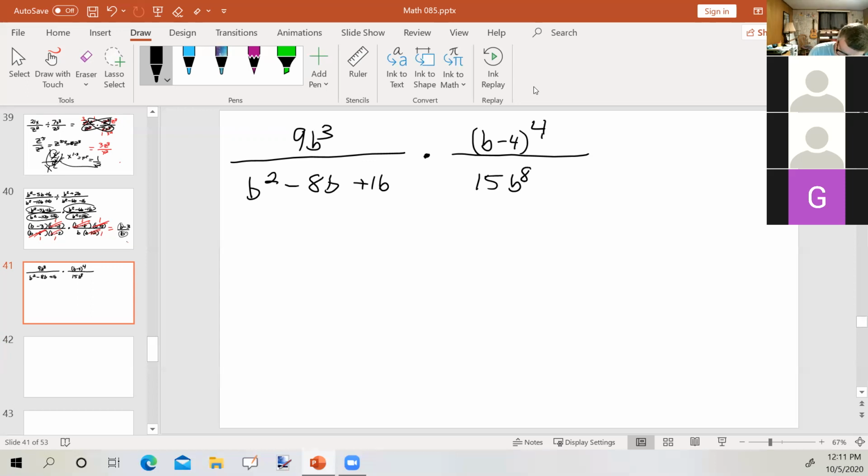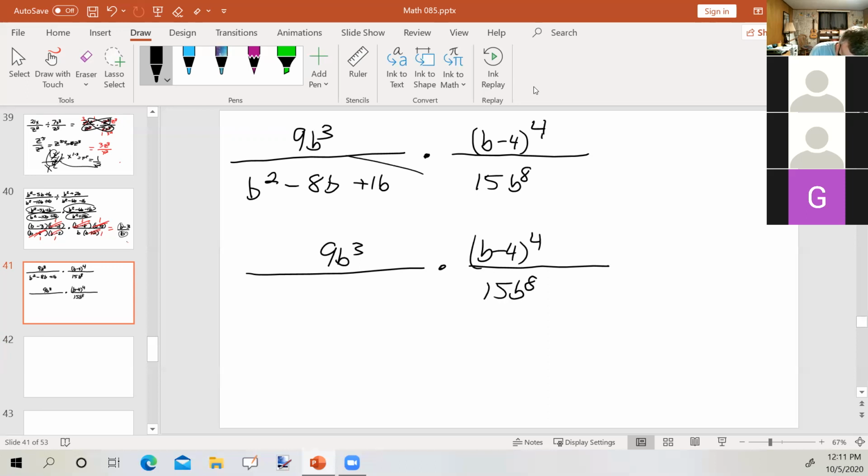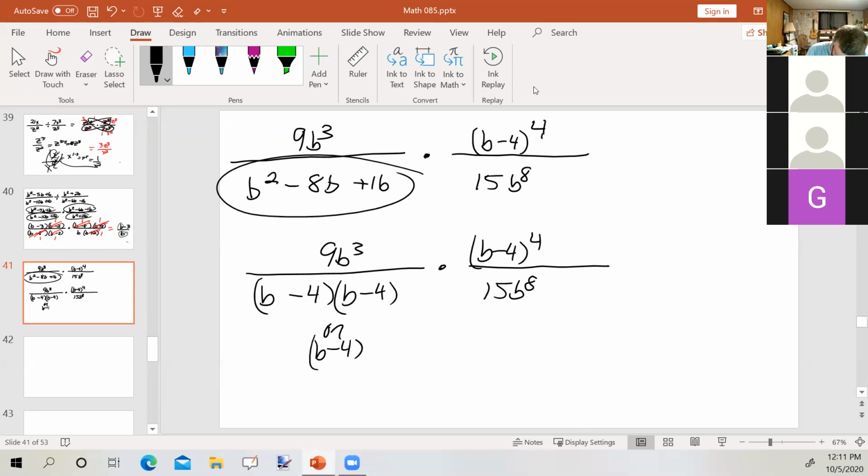Okay. Well, really, everything's pretty much factored out except this one, and that's going to be b minus 4 times b minus 4, or b minus 4 squared. Okay.